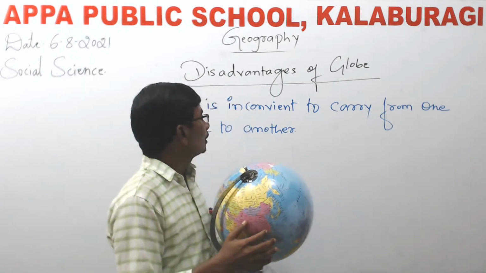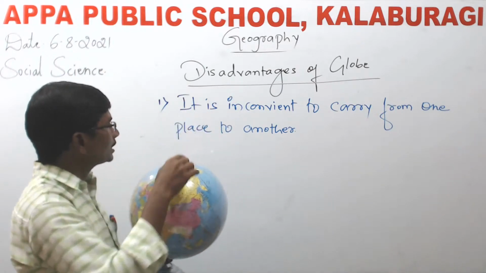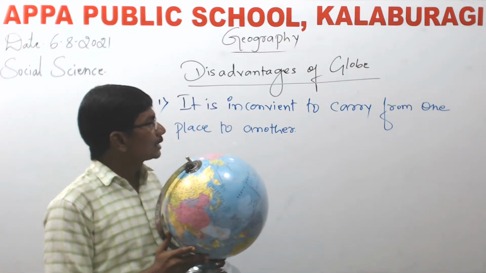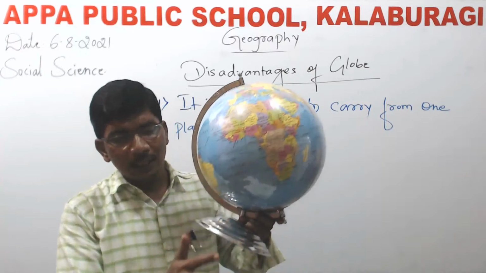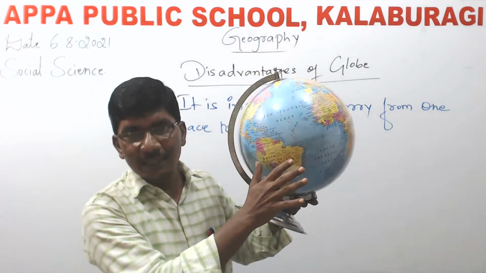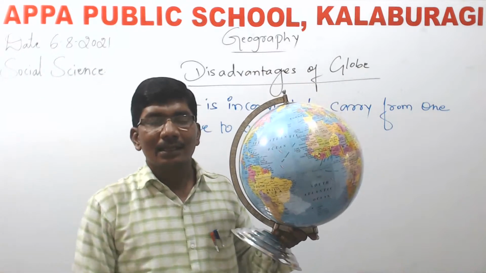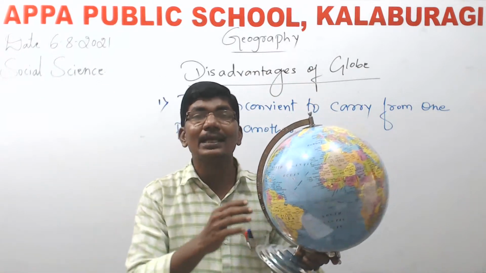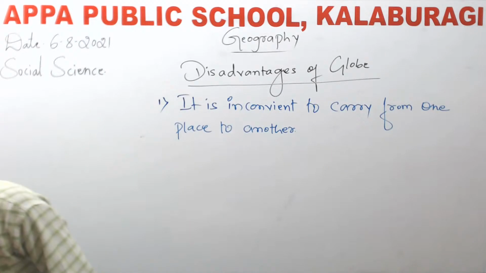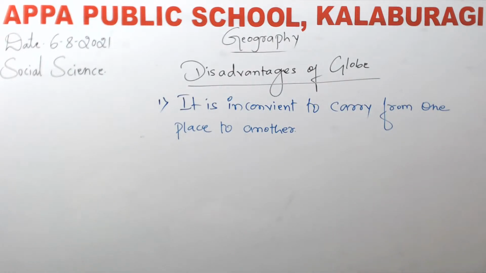But overall, the first disadvantage is that it is inconvenient to carry from one place to another. If you want to take it to another place, it becomes a problem. So that is the first disadvantage.